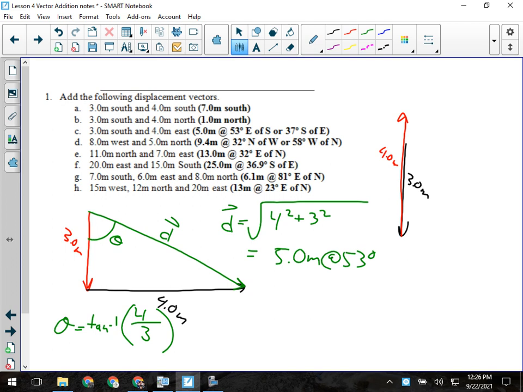Remember, whatever direction that angle arc touches is the second one. It's being measured from that direction, so east of south. But we could also have 37 degrees south of east, were we to draw the triangle that way instead. So two possible answers for that. All right, is that ringing a bell?